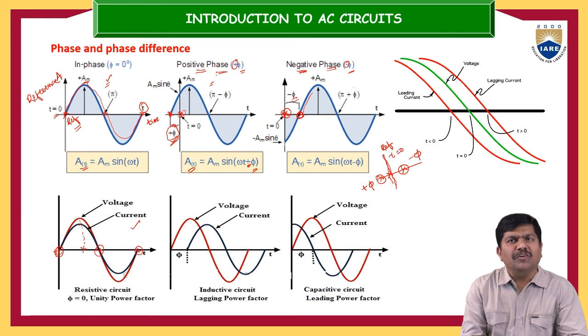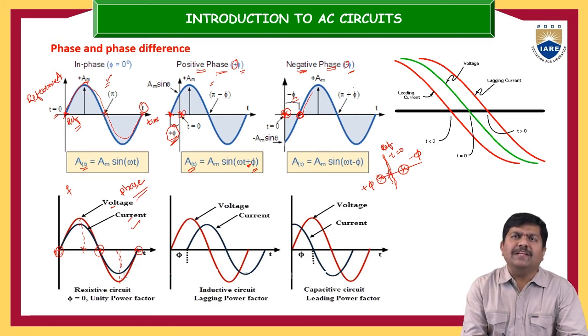Again voltage and current reach 0 at the same instant, go to the negative peak, and come back to 0 at the same instant. Only the magnitudes of the positive peaks are different, but they have the same frequency, and starting, reaching the peak, reaching 0, reaching the negative peak, and reaching 0 again all happen at the same instant. So the voltage and current are said to be in phase. So these two quantities are in phase.